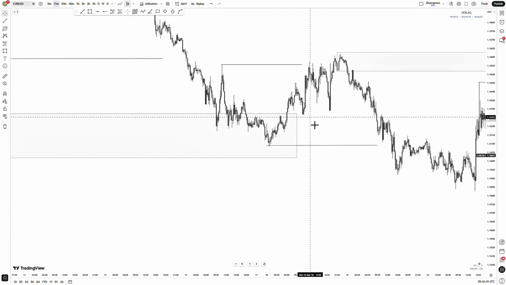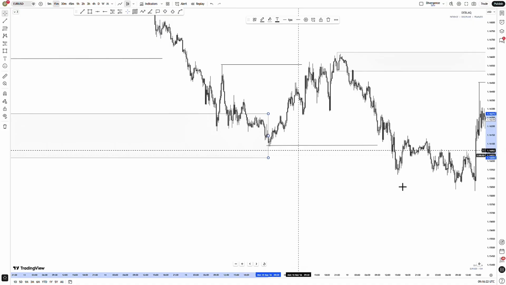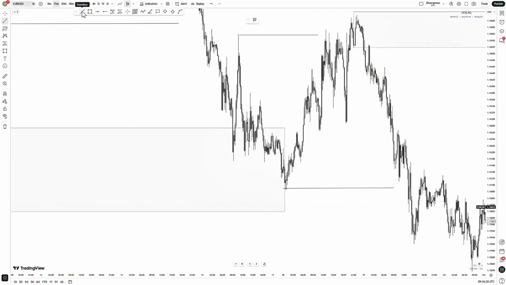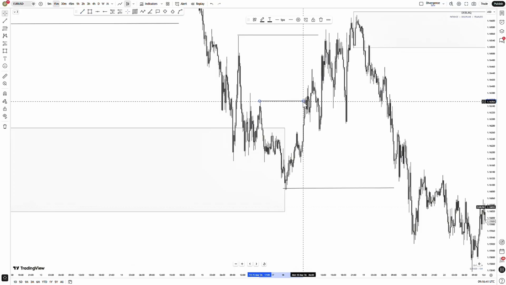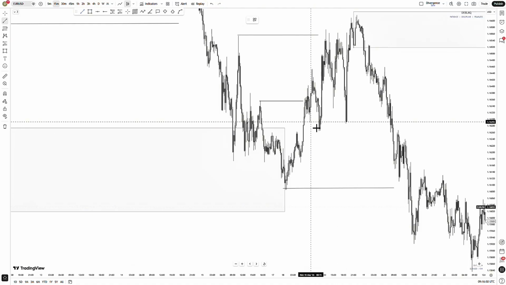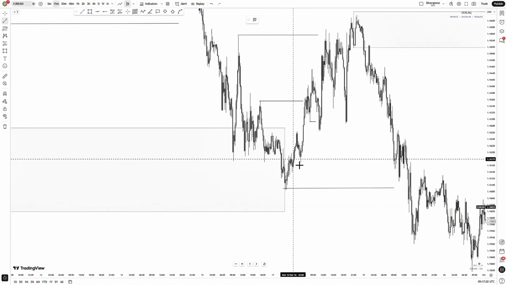On my 15-minute time frame, that was when I saw this structure here. I saw price took out this high, and price created this internal range liquidity, and price swept liquidity here.